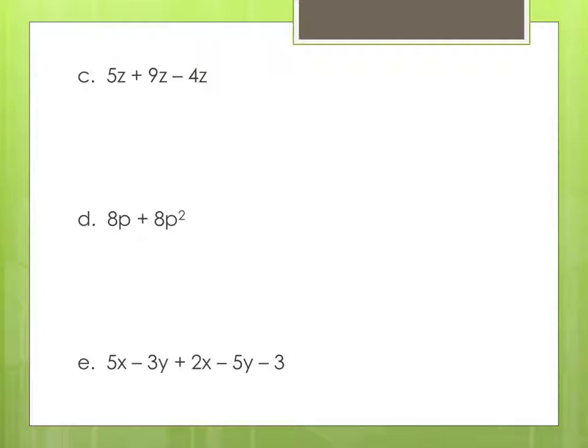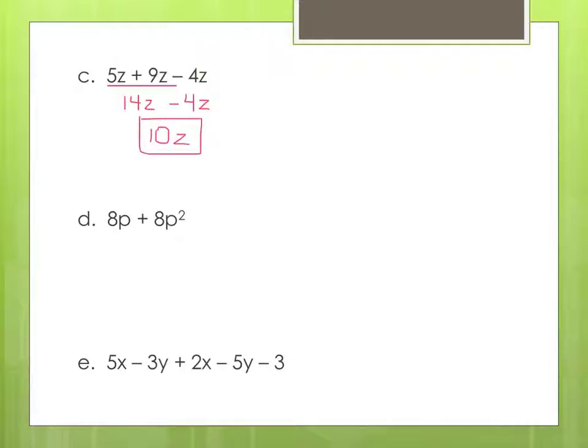C is 5z plus 9z minus 4z. So all of those are exactly alike. So 5z plus 9z is 14z. Bring down my minus 4z. 14z minus 4z is 10z.